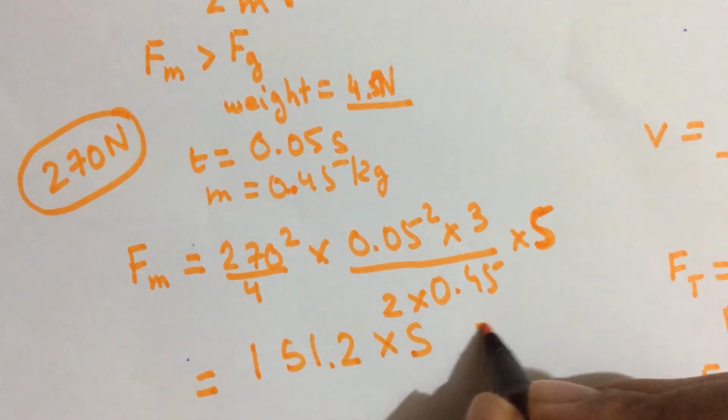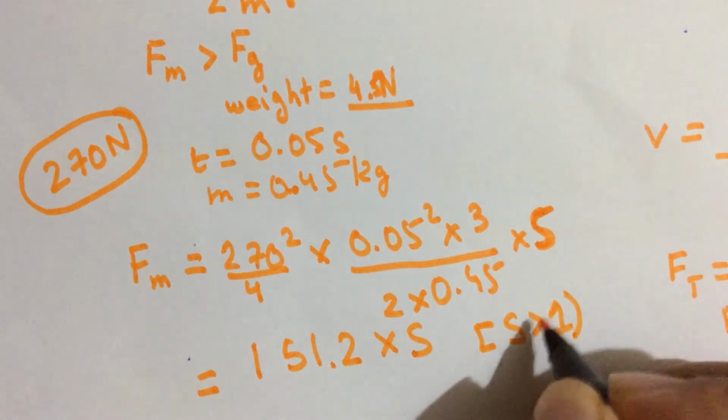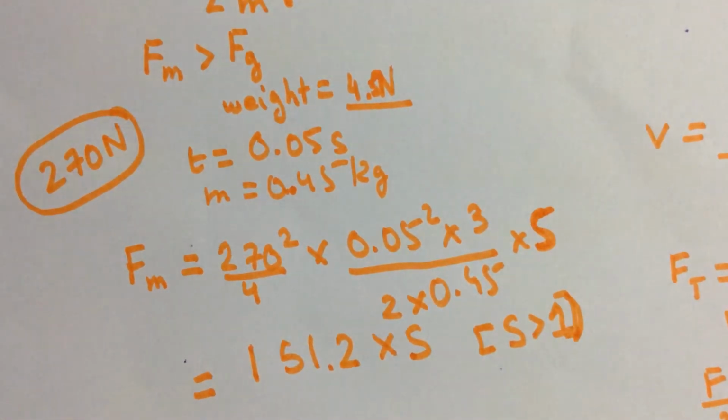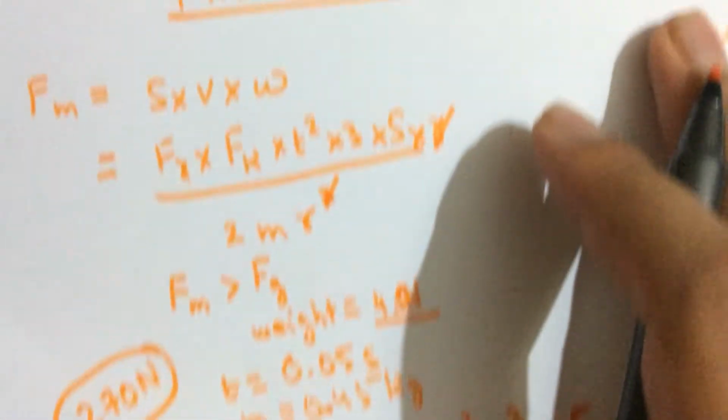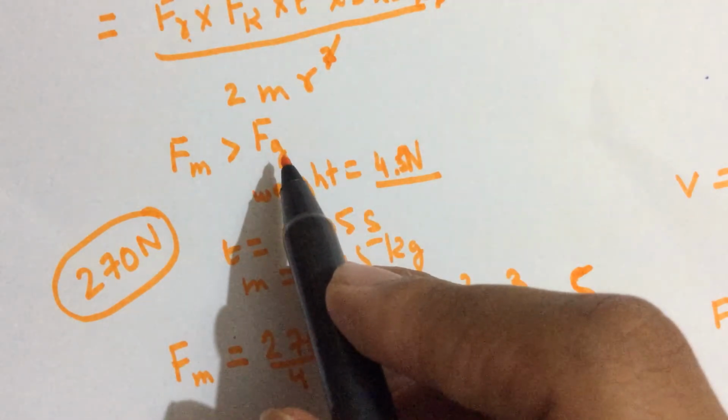Now s is always greater than 1 for any football. It will always be greater than 1. You can check this online. But the important point here is that my Fm is much larger than my Fg.